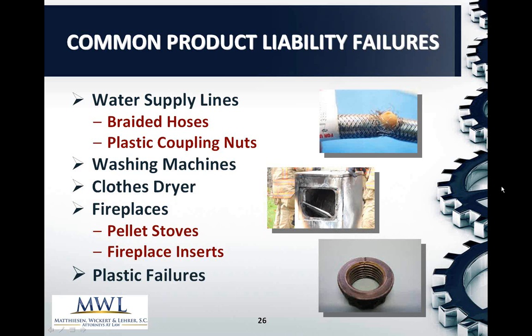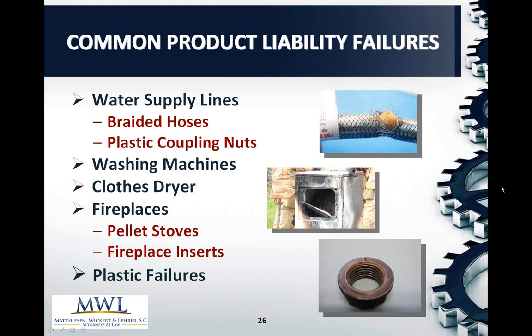Washing machines and clothes dryers. Clothes dryers, with the fires, the typical thing is you need to determine what was the cause of it. Was the lint trap cleaned out regularly? If that was, then what's the other? Is it the drum on a bearing that failed? Is it the gas coming in, if it's a gas dryer?